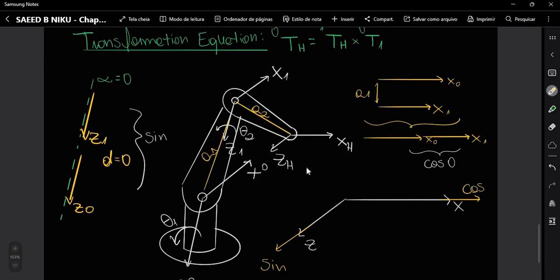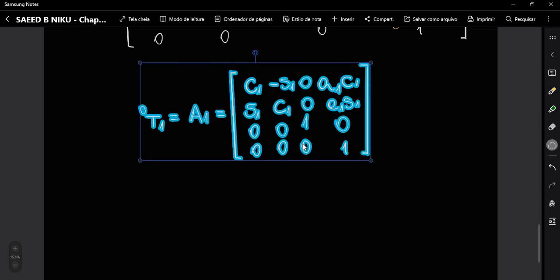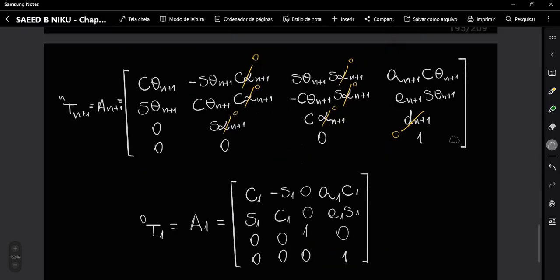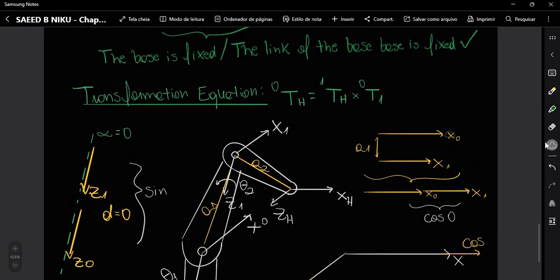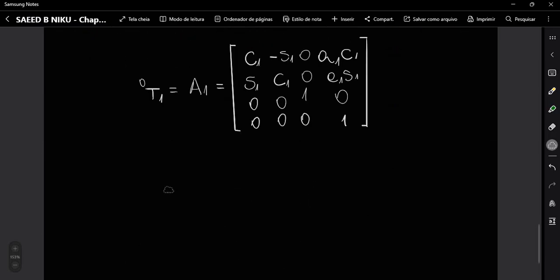Okay, and this also solves for the other transformation, the transformation of the H frame in relation to the frame 1.